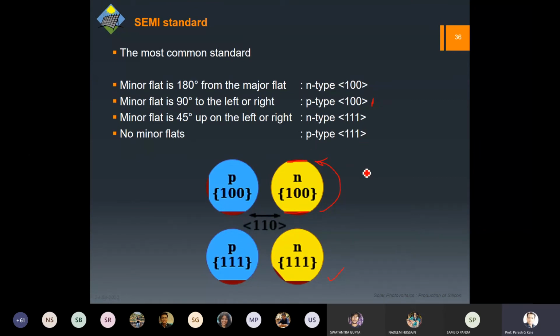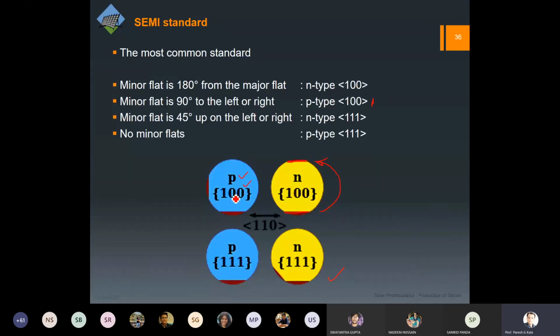Of course you can find out these standards, and you can find out which type of wafer you have. So you can determine the orientation, and you can determine the doping as well, if I show you one wafer. There is only one thing you cannot determine easily, and that is the resistivity. For that, you have to take the wafer to a lab and test its resistivity.